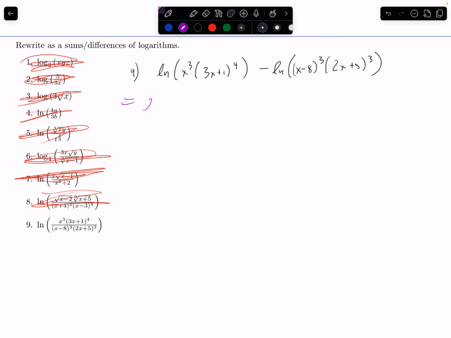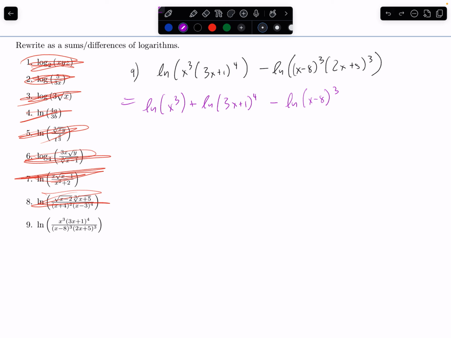Let's do the multiplication. So this is ln of x cubed plus ln of (3x plus 1) to the 4th, and then minus ln of (x minus 8) cubed. And then here's where, again, you want to pay attention.